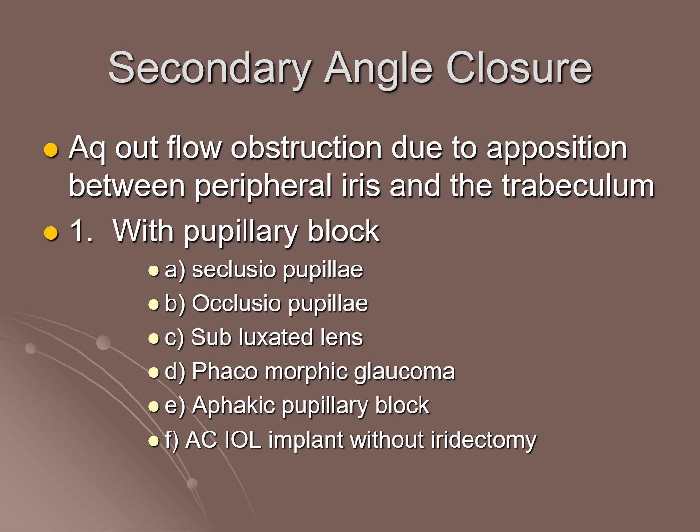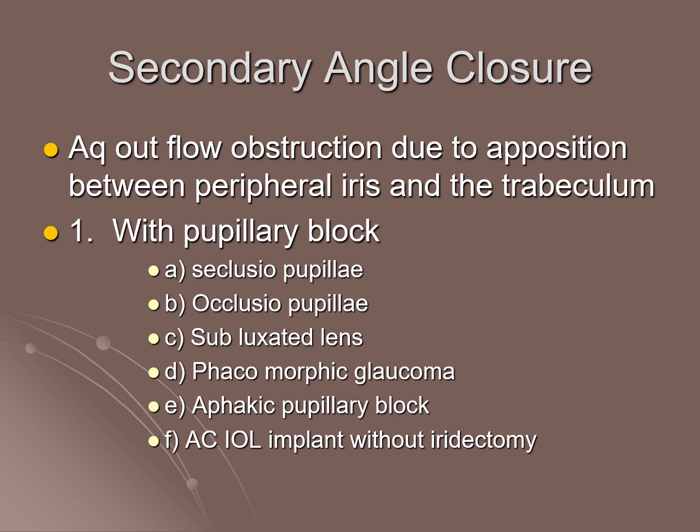With pupillary block: seclusio pupillae, where posterior synechiae are there; occlusio pupillae, where the whole of the pupil is blocked with inflammatory material; subluxated lens blocking the pupil; phacomorphic glaucoma causing obstruction of the pupil; aphakic pupillary block, where we remove the lens by intracapsular cataract extraction and do not do a peripheral iridectomy, so vitreous can block the pupil, ultimately causing the rise in the intraocular pressure.